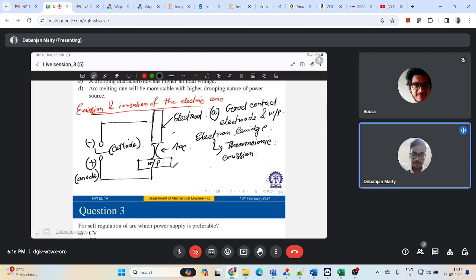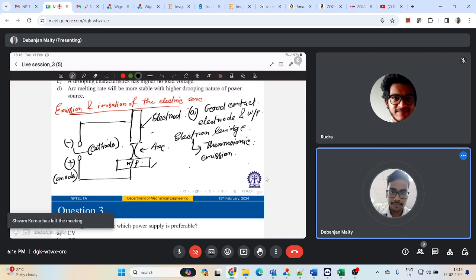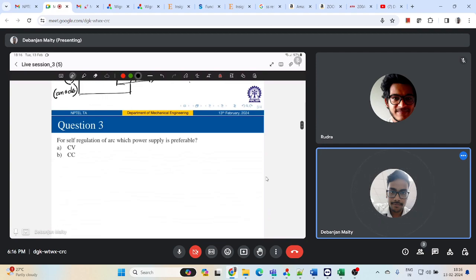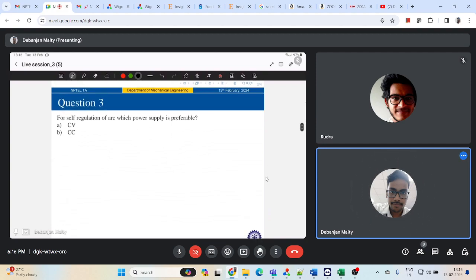Now, there is a mathematical expression to find out the rate at which the electrons are emitted from a hot surface. So there is an expression, C into theta square.